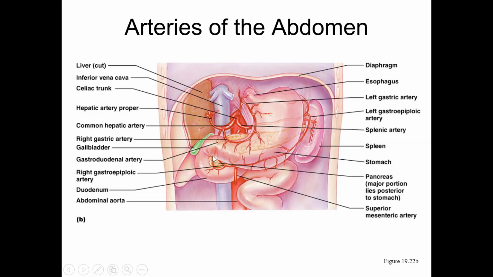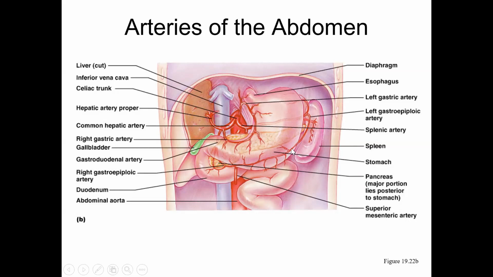All right, okay, and also now if you look at this splenic artery going to the spleen, right here, splenic artery going to the spleen, and then it's going to branch out to form another artery going around the stomach on this outer curve part. This is called the greater curve right here.